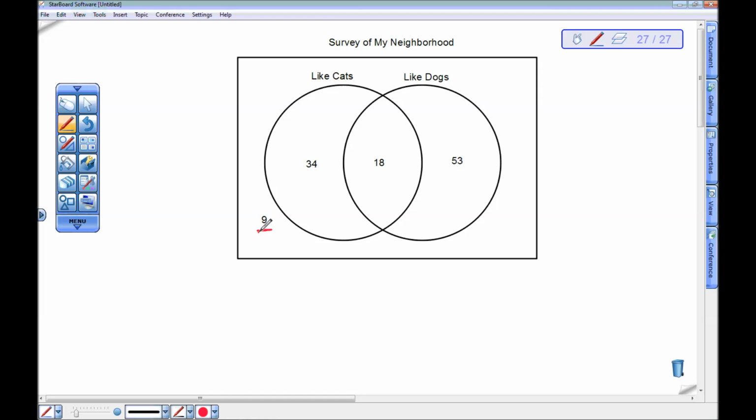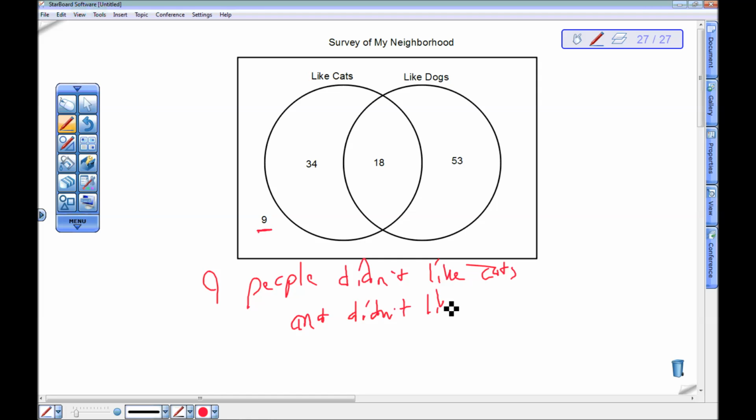Well, I know they don't like cats because they're outside of the cat circle. I know they don't like dogs because they're outside of the dog circle. I guess 9 people didn't like cats and didn't like dogs, right? That's what those 9 people are up to. They did not like cats. They did not like dogs.